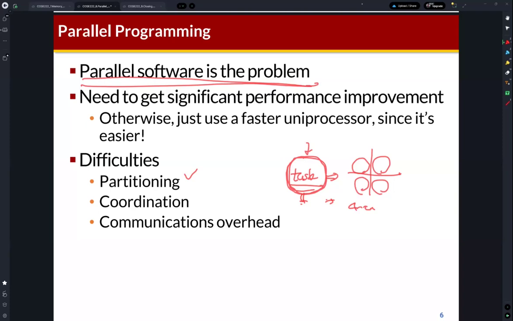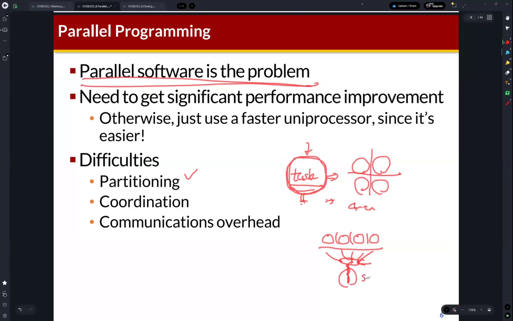Usually our task is composed of a parallelizable part, which can be partitioned, but some parts cannot be partitioned. The results need to be gathered, and the gathered results need to be processed sequentially.